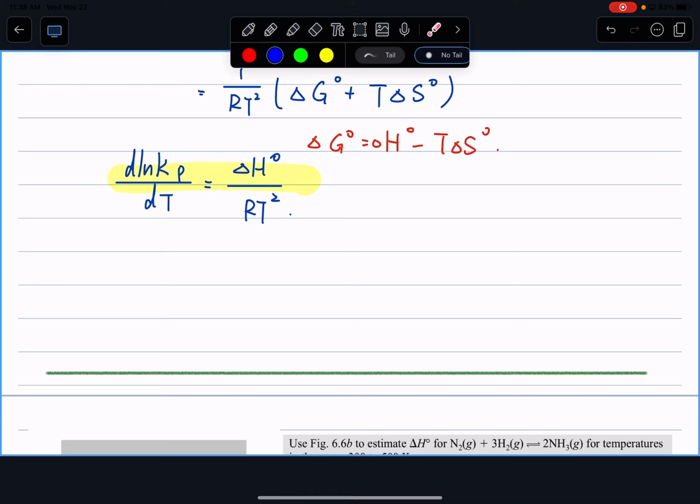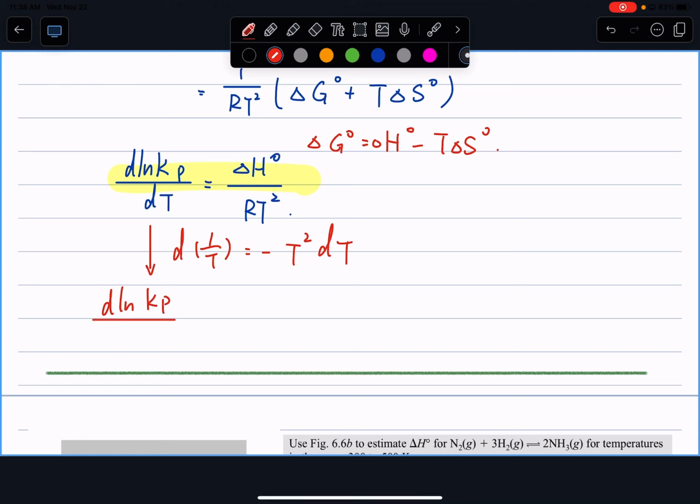The way we do it is to further simplify this equation. We have the differential of 1 over T equals negative 1 over T squared dT. That's just calculus. So instead of having our dT here, you can rewrite it as d ln Kp over d 1 over T, and you can cancel out the T squared.